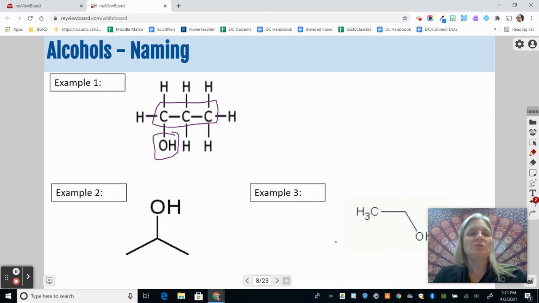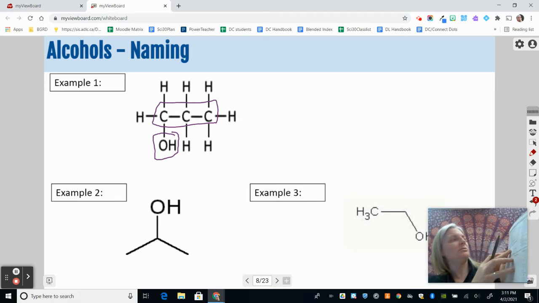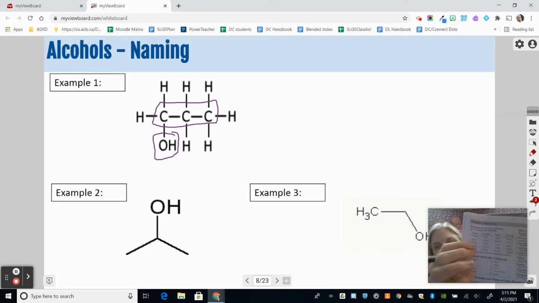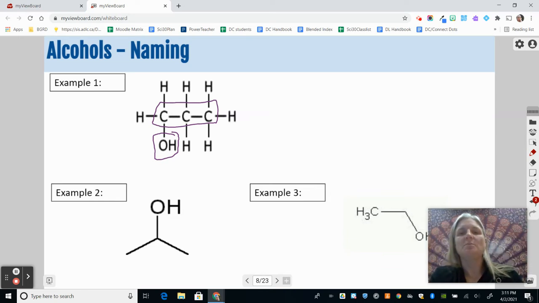First thing we need to do is name our main chain. Going back to our data booklet, page 9, I'm always going back here, you can see 3 carbon chain, propane. So this is going to be prop. And then remember, we drop the E, so we go propan, and we add OL.